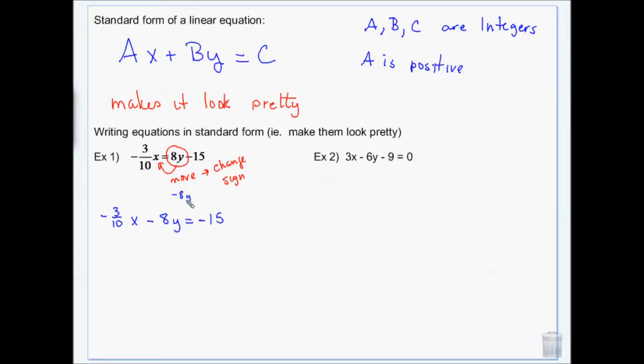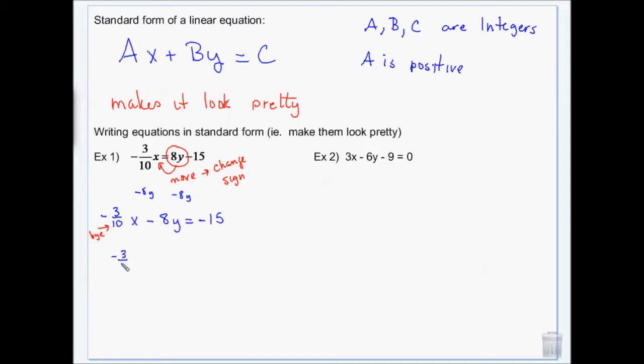So basically, I subtracted 8y from both sides. Okay, the next thing I need to do is get rid of that. We cannot have denominators. Everything has to be an integer.